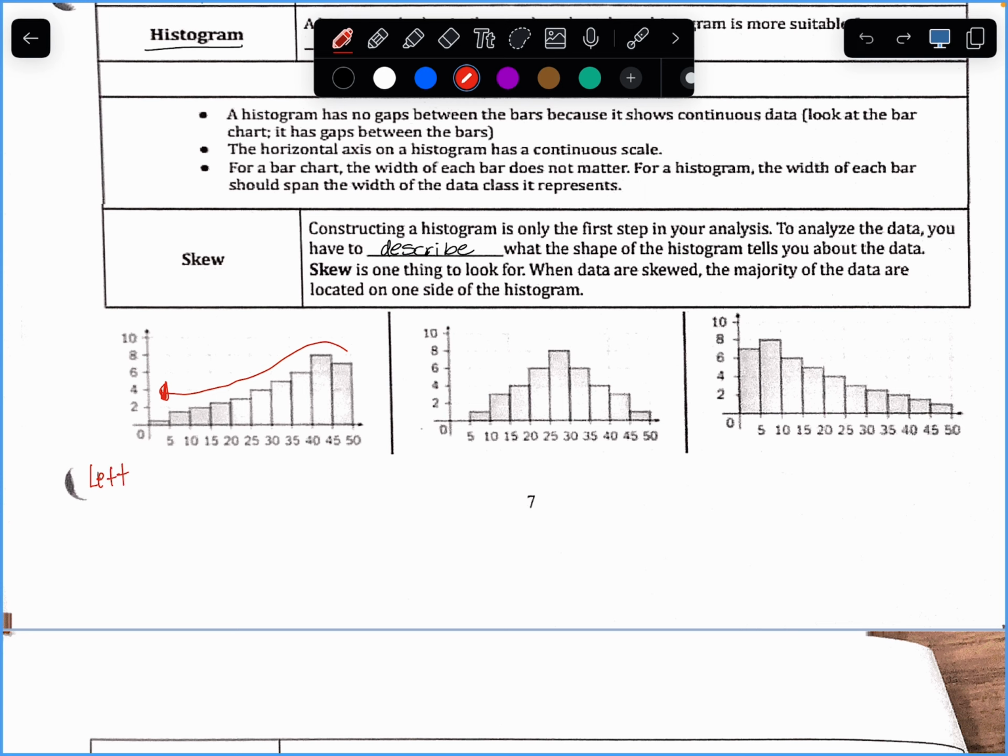The tail is extended to the left, or negatively skewed, because the majority of our data is on the right.